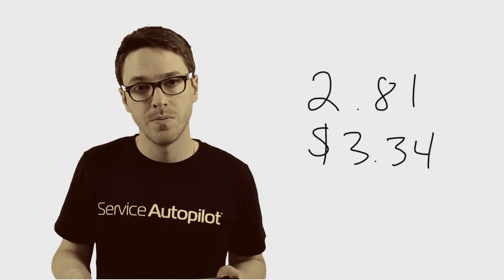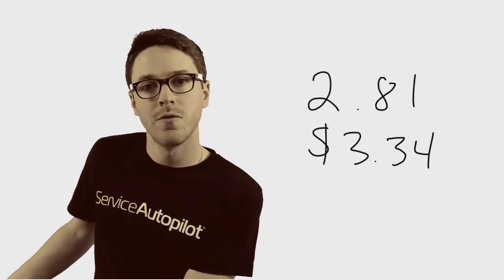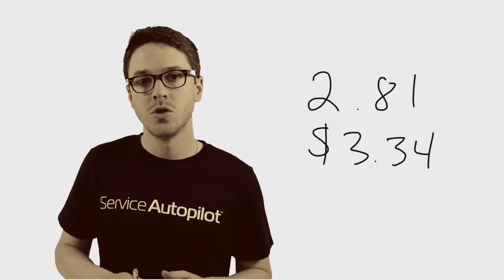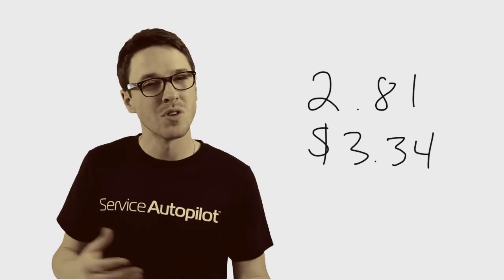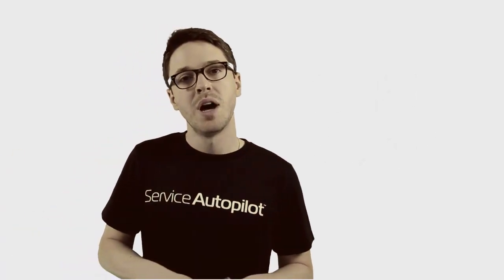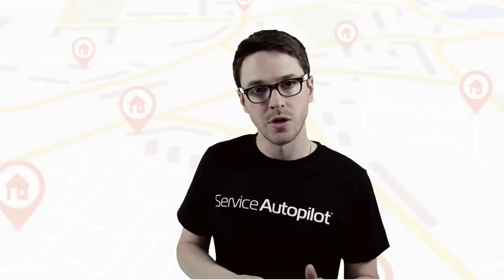So that's $3.34 each time that I want to go to one of these new leads that I purchased to their property. Now, of course, that's an average. It'll be a little less for some, a little more for some. But the average cost to drive to that property is $3.34.